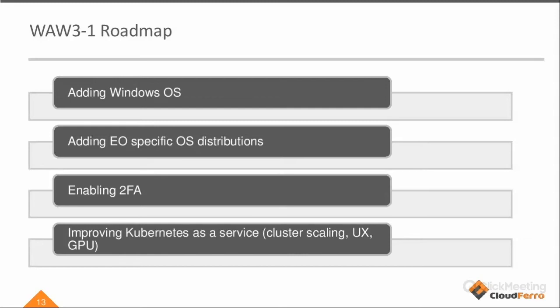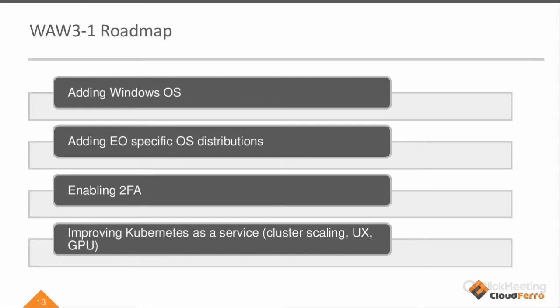And on the WAW3-1, there is Kubernetes as a service. We are constantly upgrading and improving this service. In the next 1 or 2 months, there will be more improvements to scaling, as this is the biggest issue, because we have very big targets of scaling the cluster to 100s of VMs. We're not there, but I think we'll be able to pass the barrier and to give you the service. So we'll be able to scale to hundreds of pods.